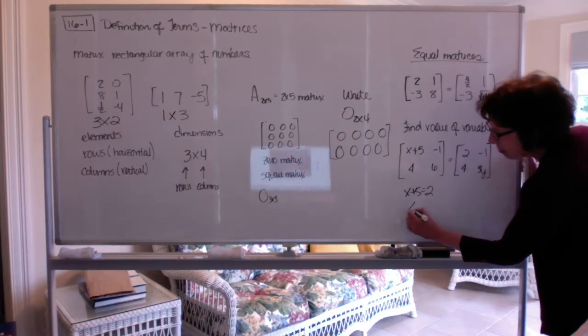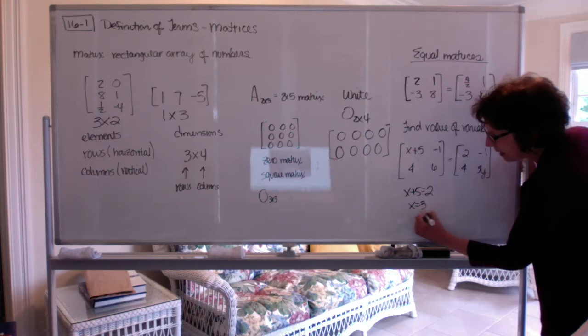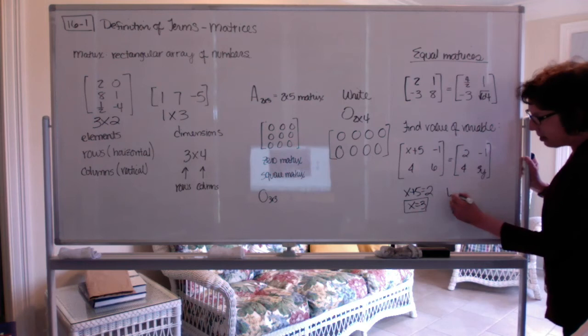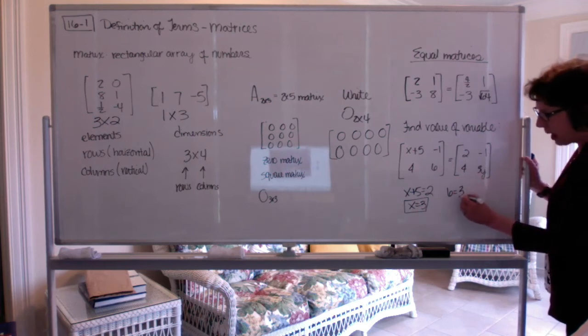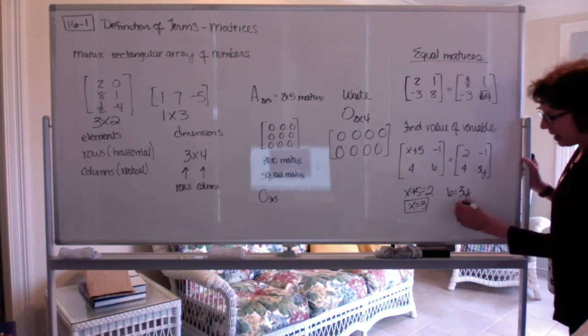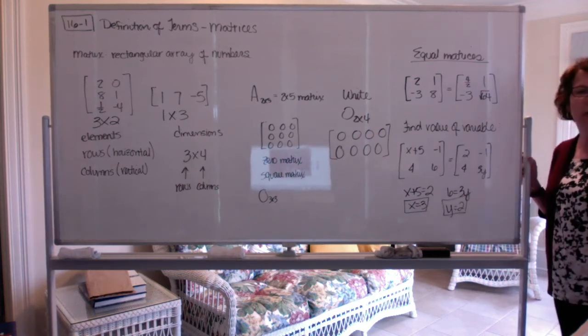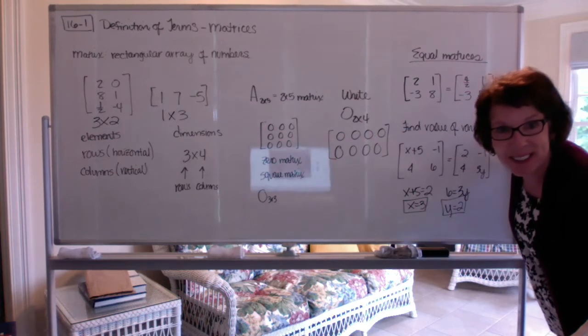And so, of course, that means that x would equal -3. Now let's look at the y. I have a 6 here, which matches up with the 3y element on the right matrix, and so y equals 2. It's that simple, people. Enjoy. It's a lot easier than trig.